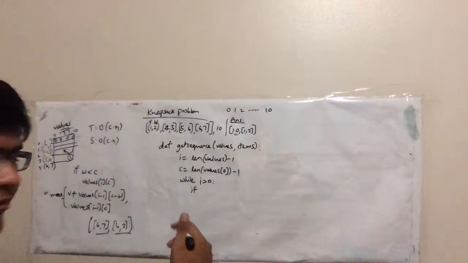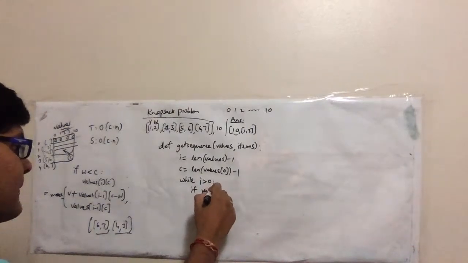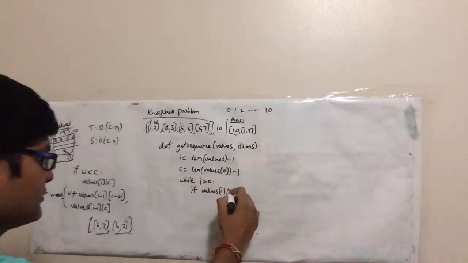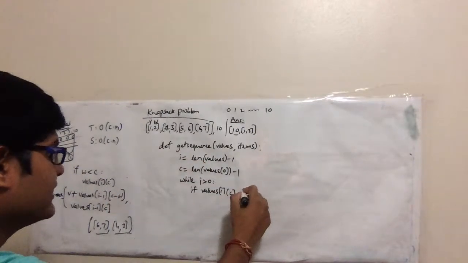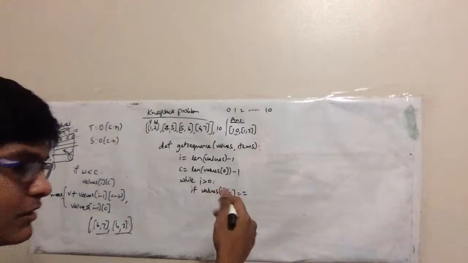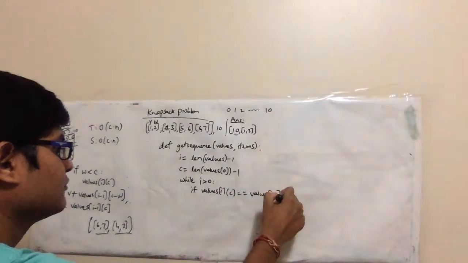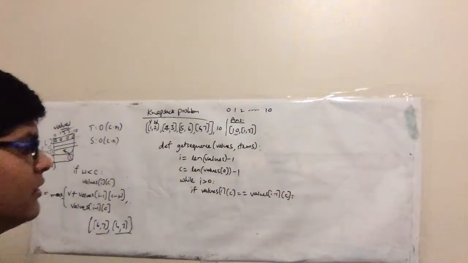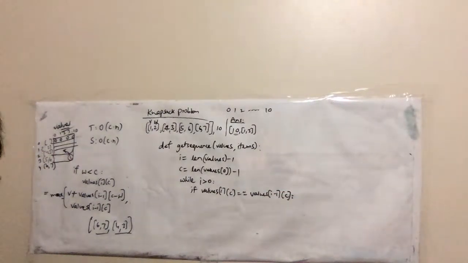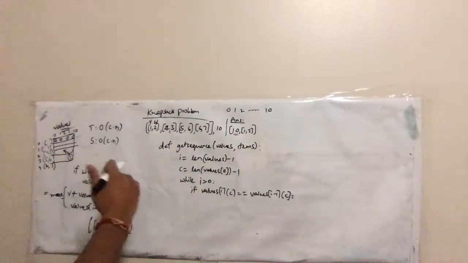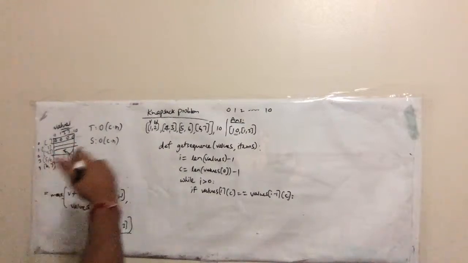If the values of I, the last row and last column, is equal to the previous row, values of I minus 1, the same column. Okay, so what does this mean? If it is equal, we will just go to the previous row.